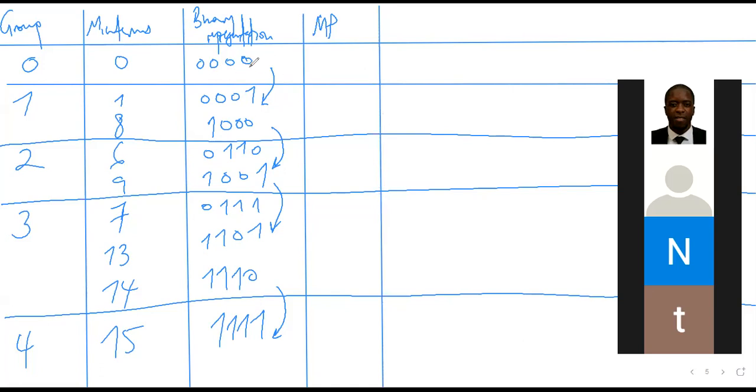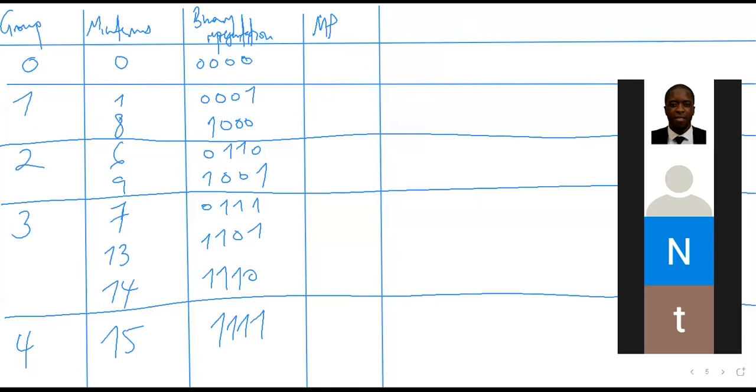If I compare minterm 0, 0, 0, 0 and 0, 0, 0, 1, only one variable changes there. Here this variable changes, only one, the rest remains the same. It means minterm 0 and minterm 1 are a meshed pair.